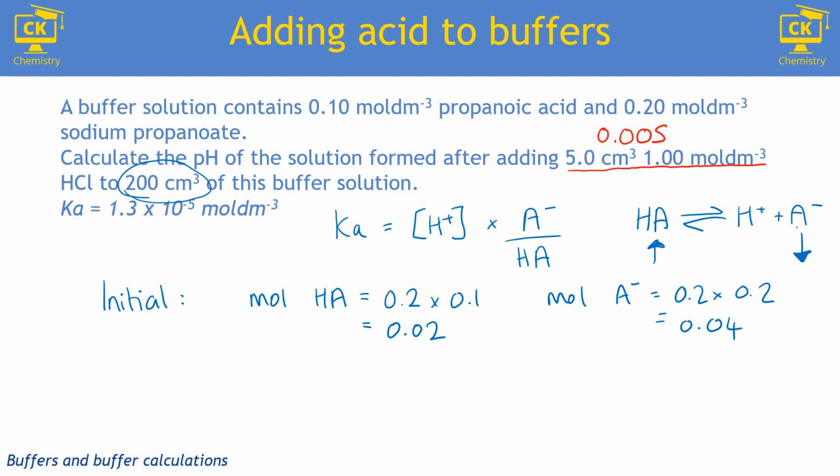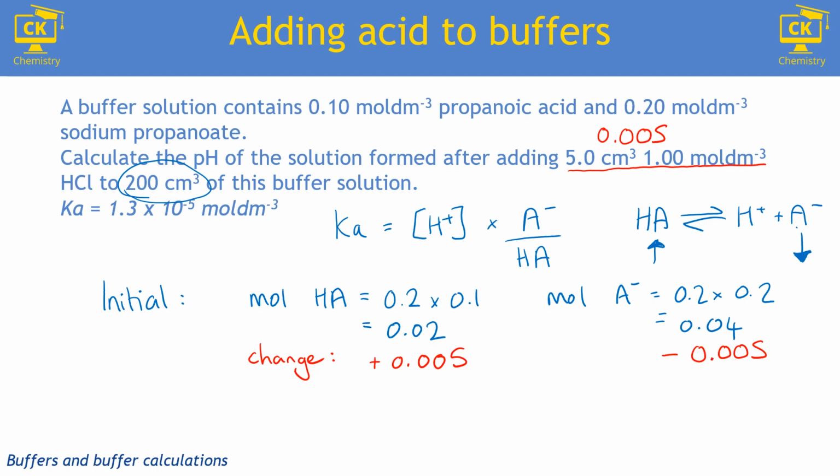So the change that's going to happen because I added the H+, and again we're assuming this is a complete shift and we're not worrying about the small amounts that the equilibrium might shift back and forwards. The HA is going to increase, so it's going to go up by 0.005 because we're shifting left, whereas the A- is going to decrease, it's going to go down by 0.005.